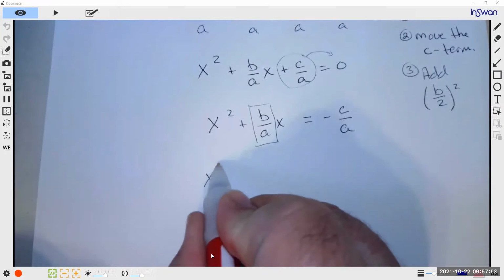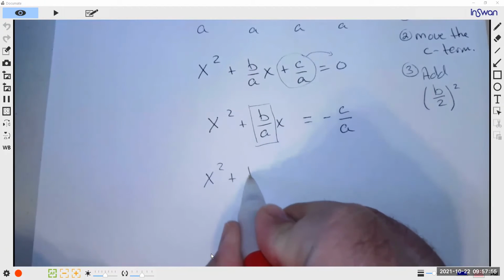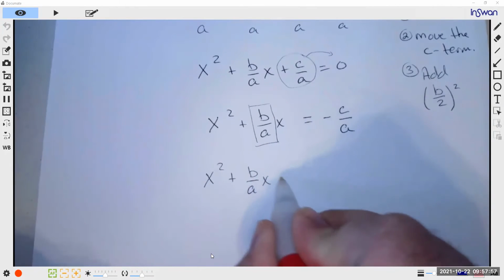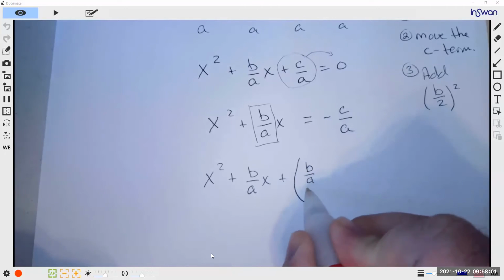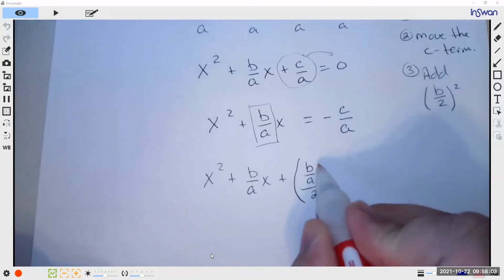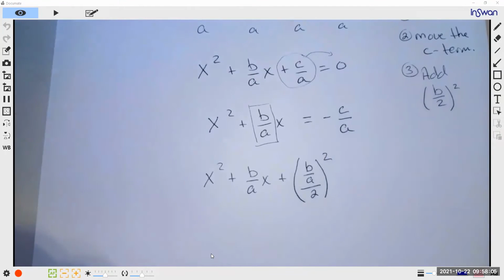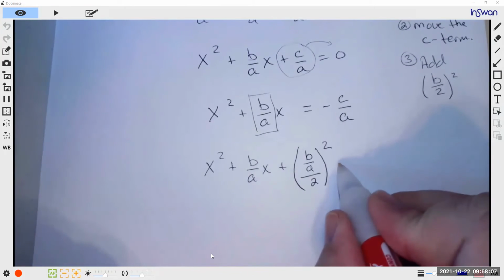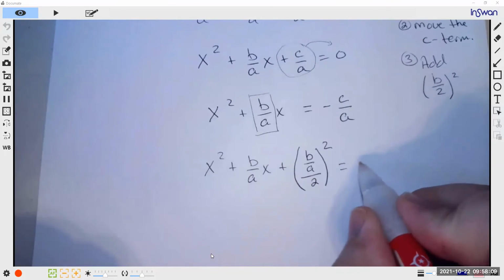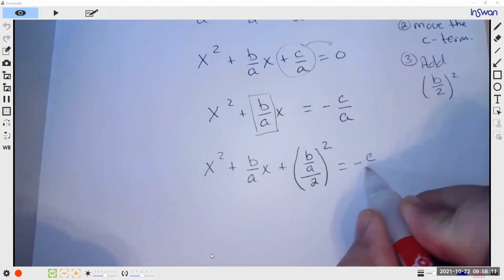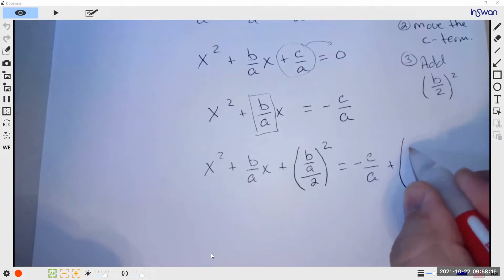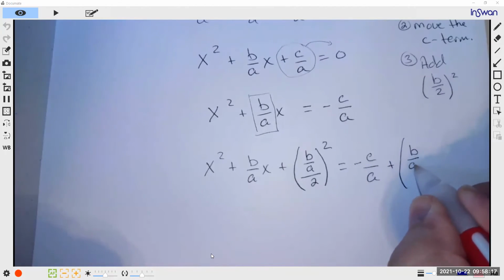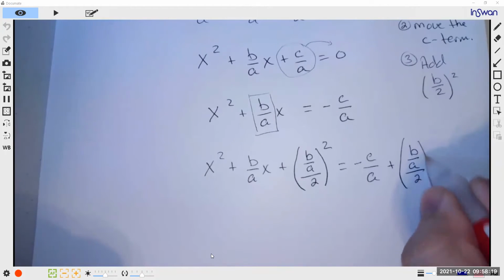So at this step, we have b over a divided by 2, negative c over a, and b over a divided by 2.